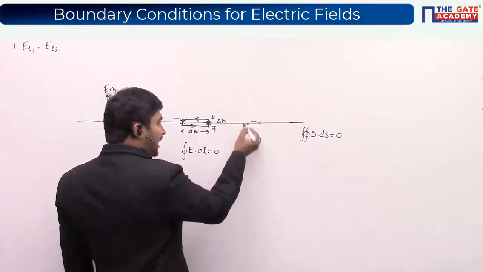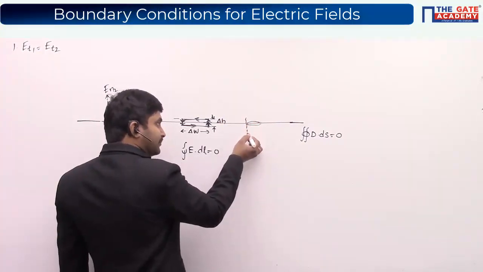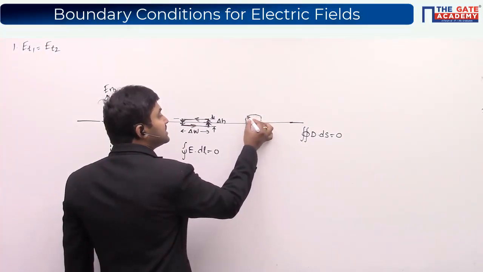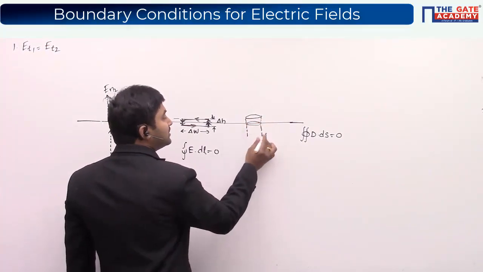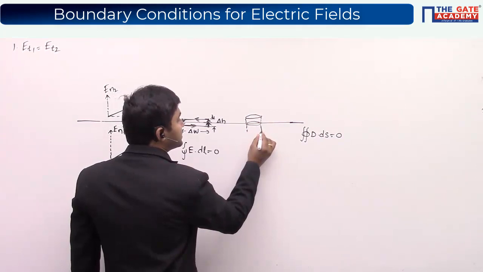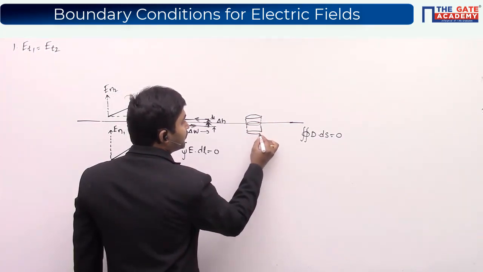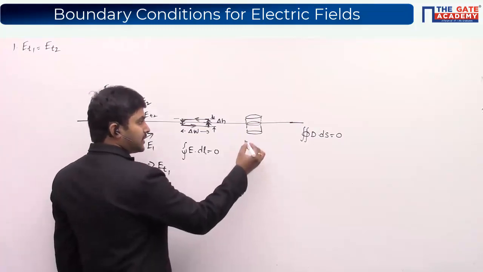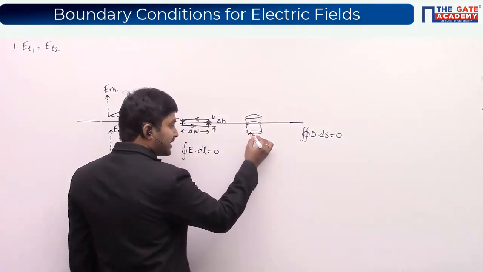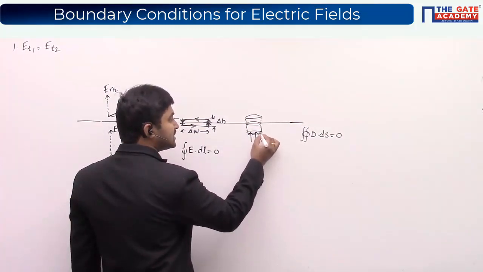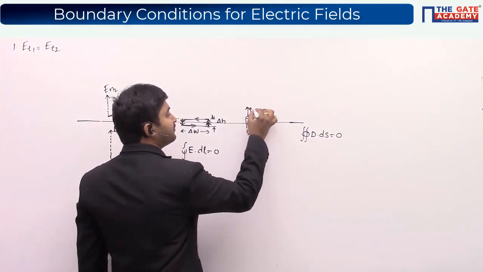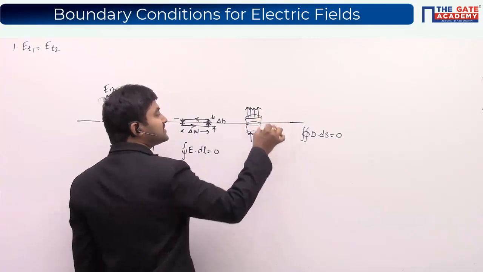I correspondingly extend it and ensure that this becomes a cylindrical surface, and if the total flux lines which are entering it are like this, and the total number of flux lines leaving it are like this.